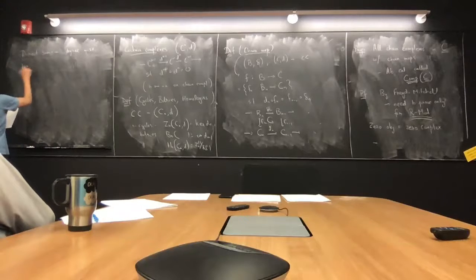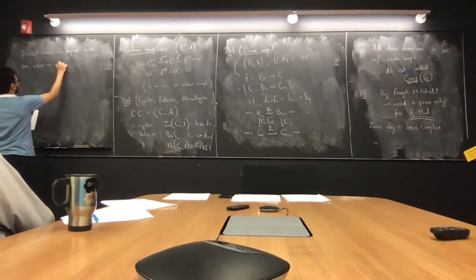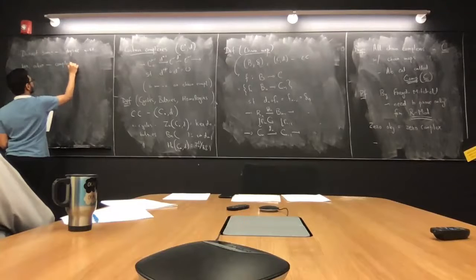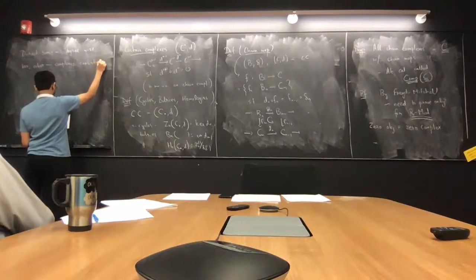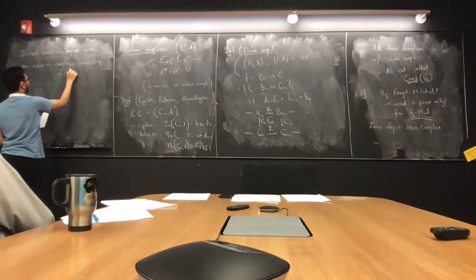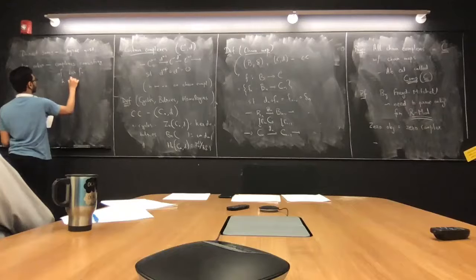Kernel and co-kernel are basically complexes that consist of kernel Fn and similarly co-kernel Fn.